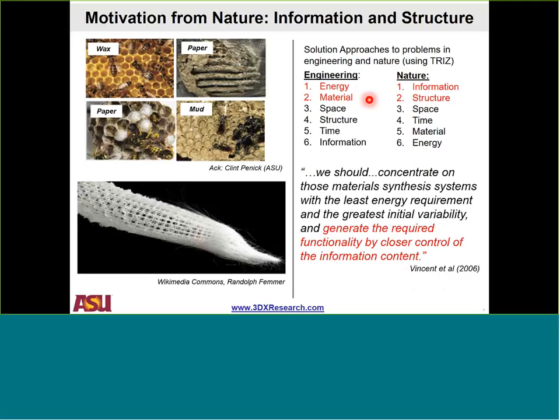When we tend to look at how can we solve a specific problem, energy and material are what we historically think of. And the point Vincent makes is that we should concentrate on those materials with the least energy requirement and the greatest initial variability, and then generate the required functionality by closer control of the information content.